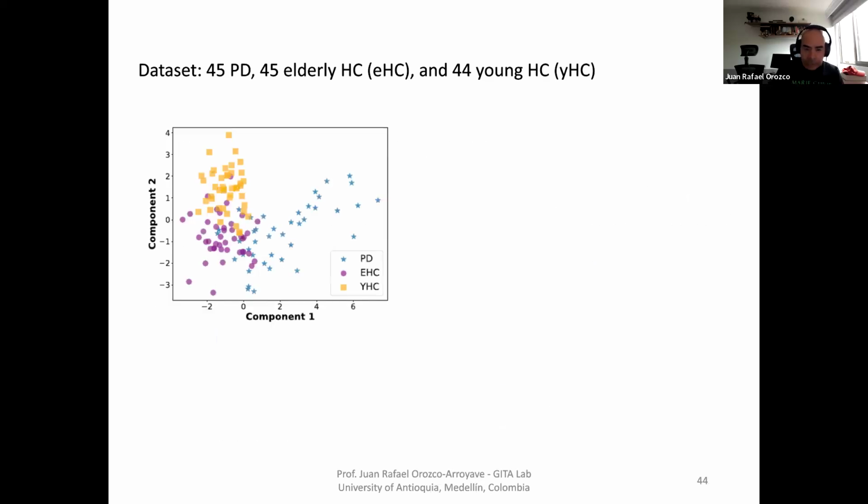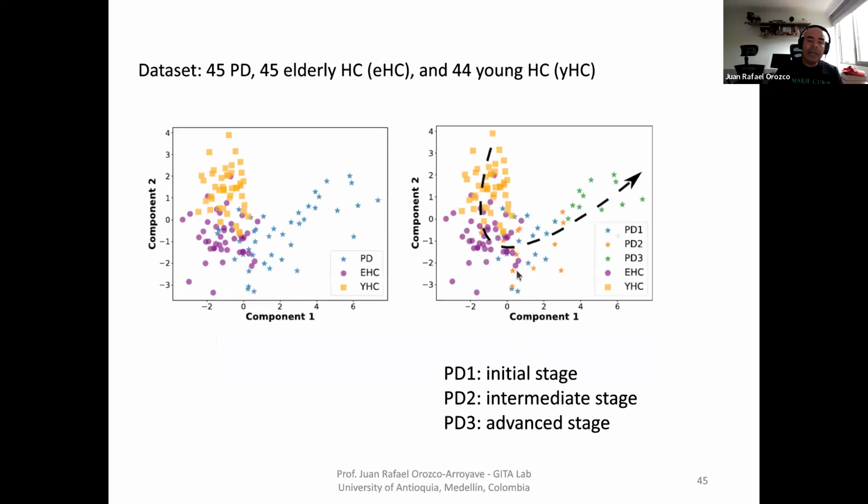And additionally, when we were trying to see whether how impaired the patient was had some impact in the model, we found that there is a kind of trend. See, these orange squares are young healthy controls. Then elderly healthy controls are these orange circles. And then all of the patients are here and are somehow sorted according to their impairment. PD1 means the beginning of the disease. PD2, which is these orange stars, is the second or intermediate stage of the disease.